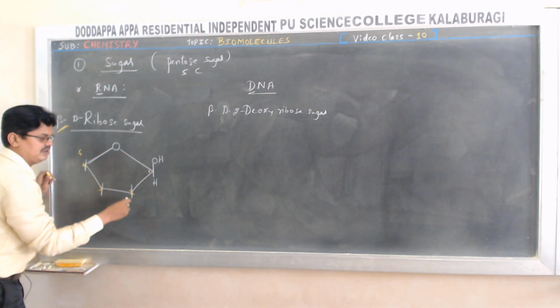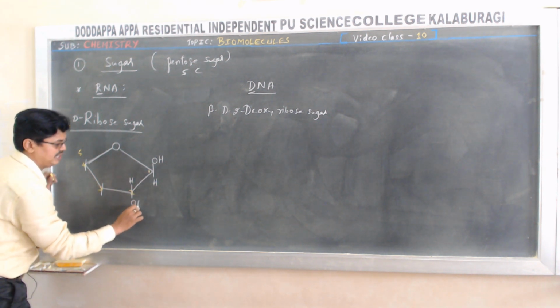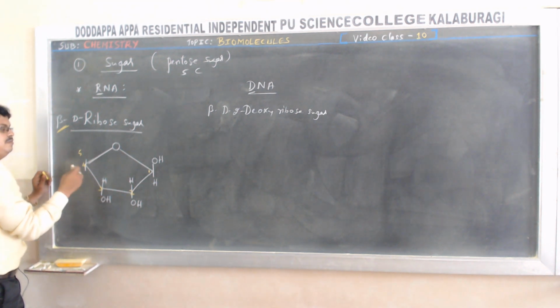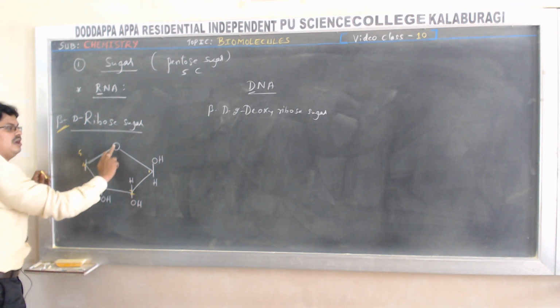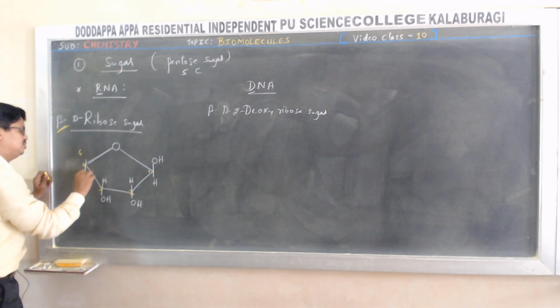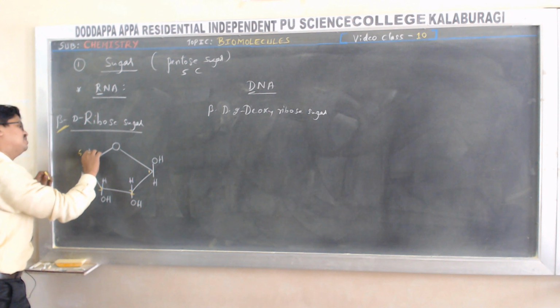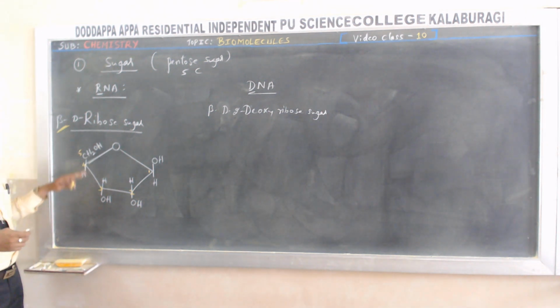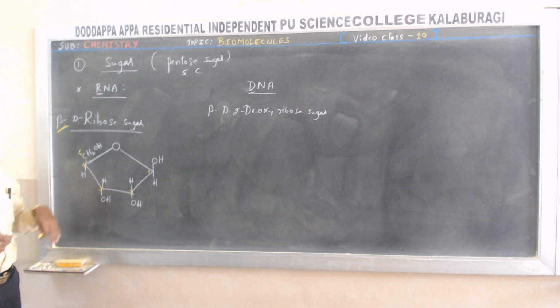Then second carbon HOH. Third carbon same HOH. Fourth carbon, it is here linked with H via oxygen to the first carbon. So H, fifth carbon CH2OH. So this is the structure of beta D ribose sugar.